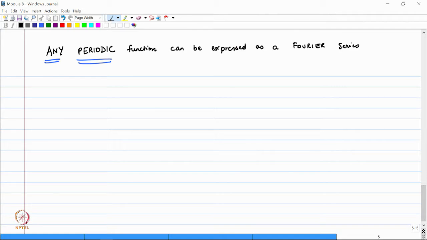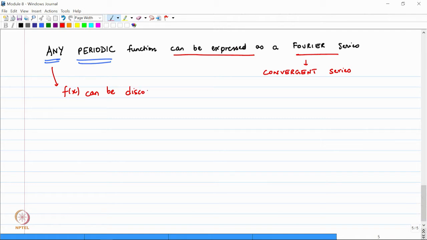When I say it can be expressed as a Fourier series, what I mean is that this is convergent. That means if you take more terms, you get closer to the actual function. Now the other thing is, when I say any, f of x can be discontinuous also. It need not be continuous.